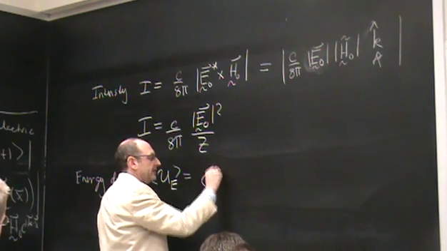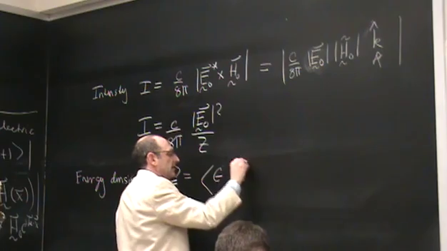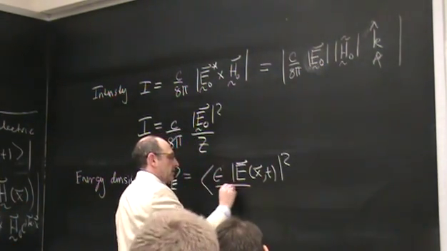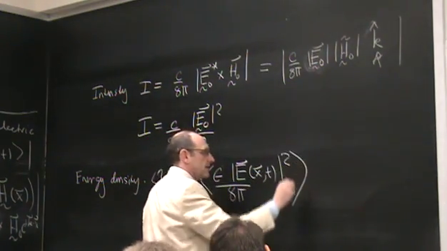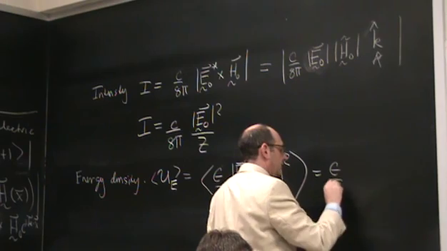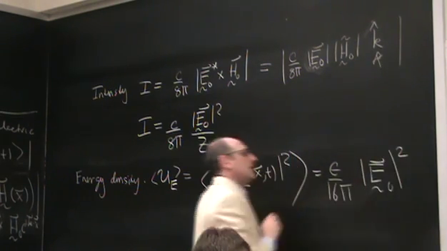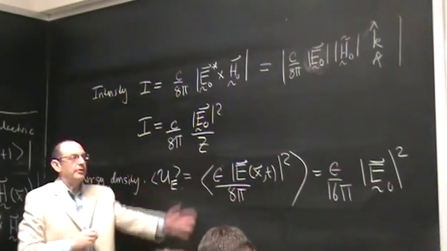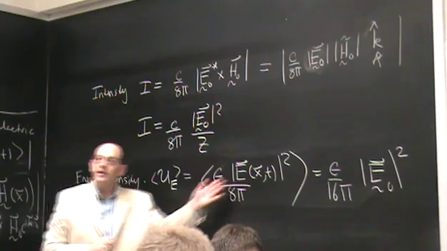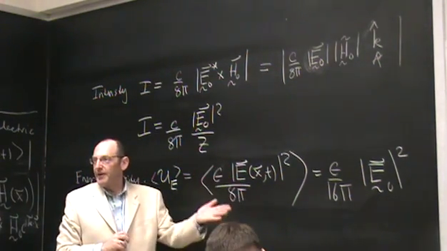Averaged over time, that's the time average of epsilon E squared over 8 pi, which is epsilon over 16 pi E0 tilde squared, using the trick that we just discussed. 1/2 the real part, and the real part is already real. E star E is E squared.